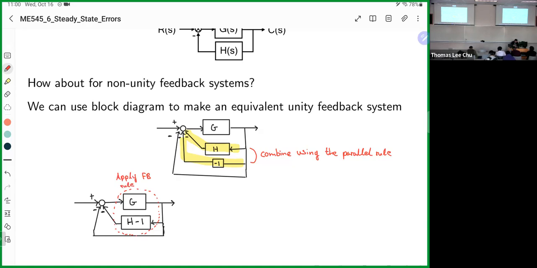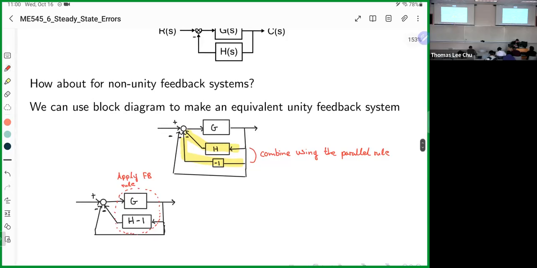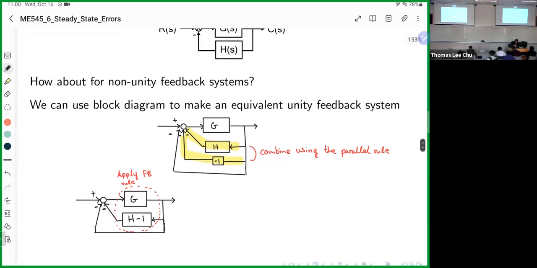Perhaps to make this visual a little easier, I could redraw the block diagram like this. They're the same thing.